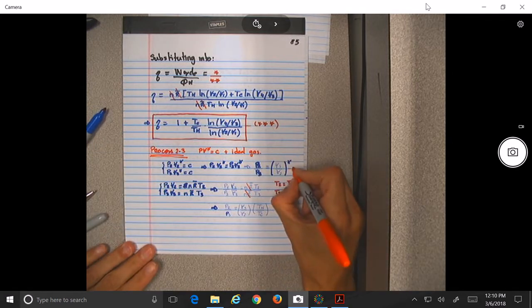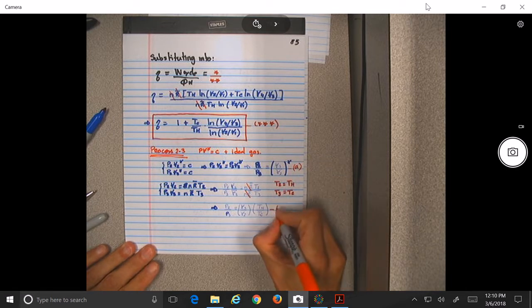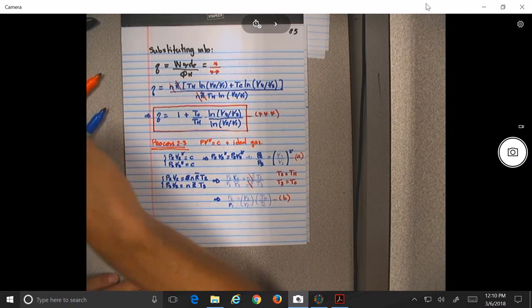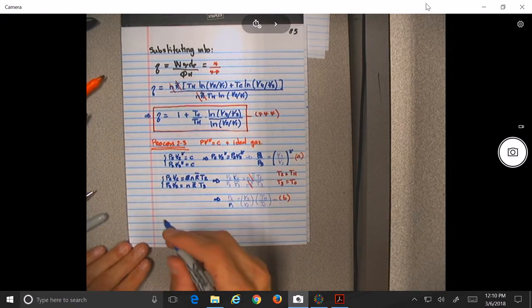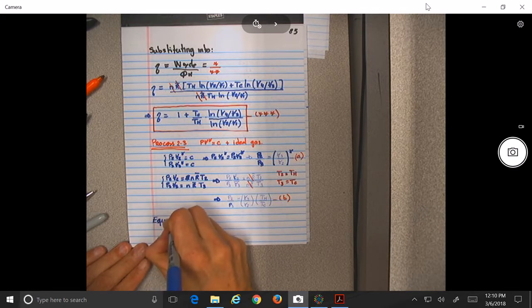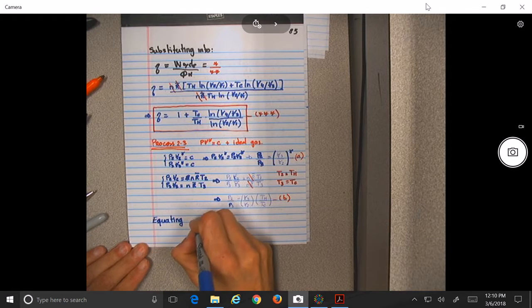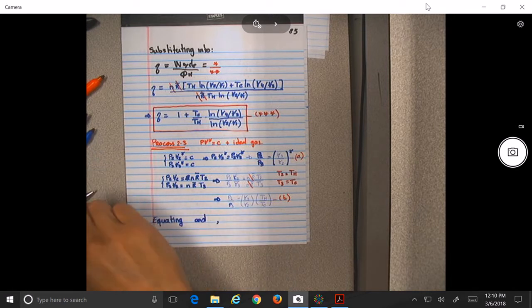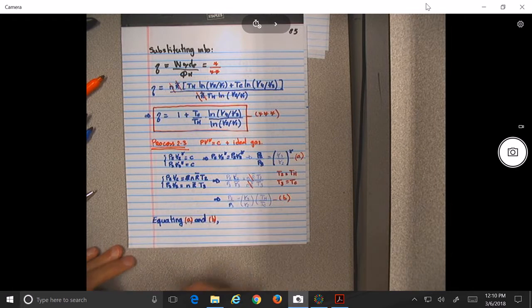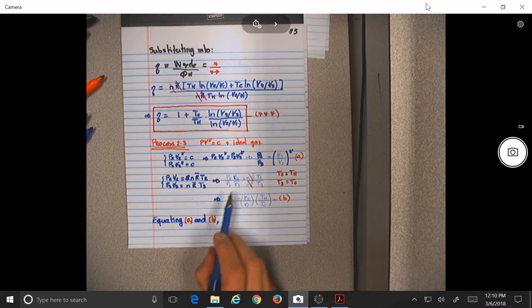So let's call the first expression A and this one B. Now what can I do? Both expressions have the ratio P2 over P3, okay?